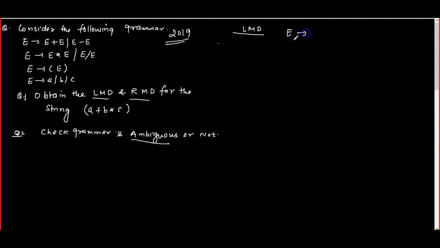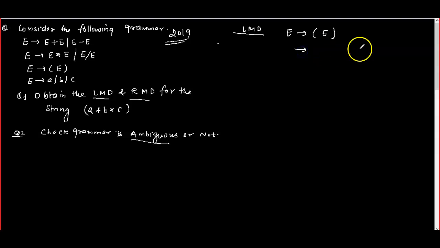E derives open bracket E close bracket. If this bracket is not there, then we need not do this; we should only take E plus E, E minus E, E into E, because only plus and multiplication will be involved. Since the bracket is also there, we are choosing the open bracket and close bracket.